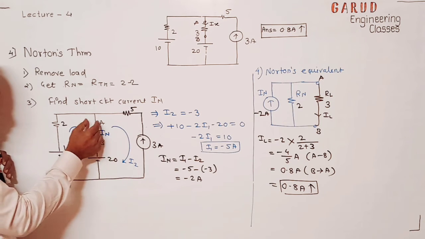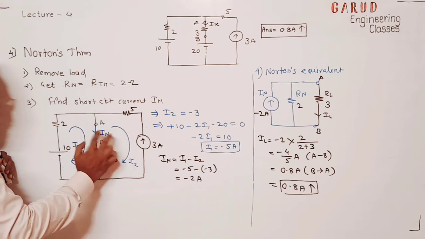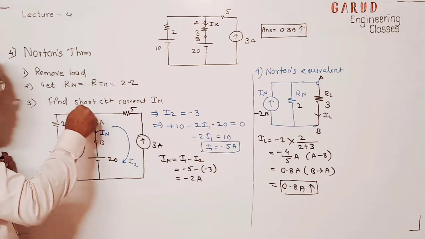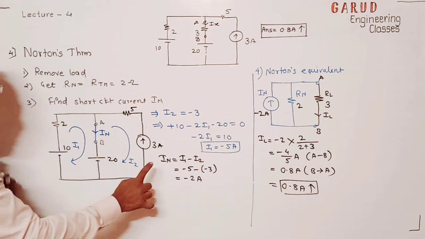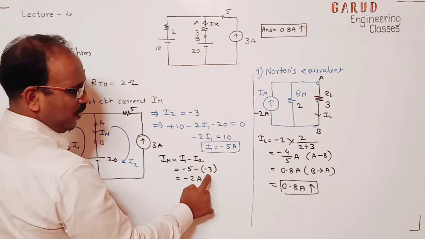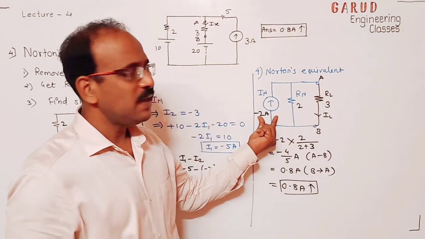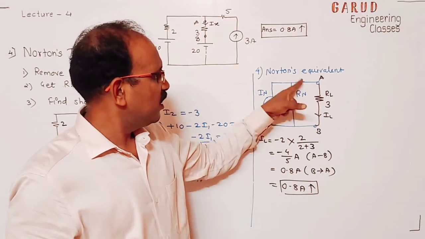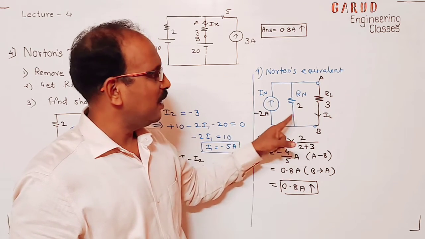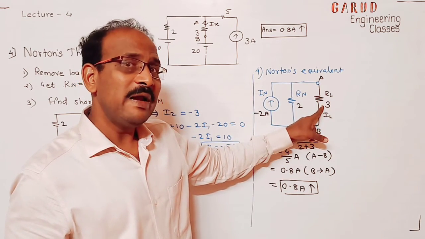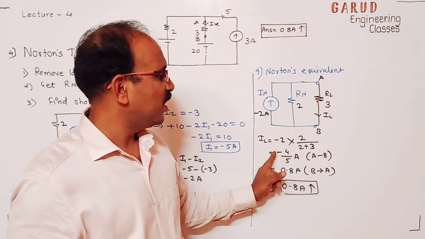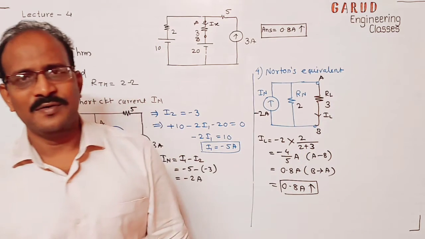So the resultant is I1 minus I2, first minus second, in the downward direction. I1 minus I2 will be minus 2 ampere. Now this is Norton's equivalent. This blue portion is the equivalent, and we have to connect the load to get the real current. So using the current division formula, we get the answer.